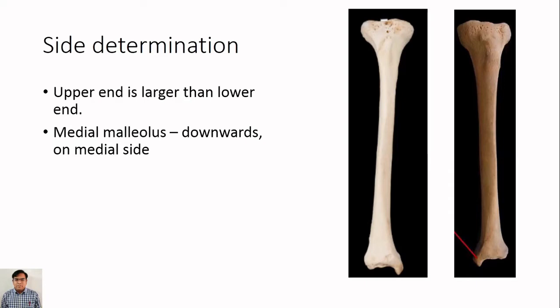This is known as medial malleolus, and it is directed downwards and medially. So it is very easy to identify the superior side, inferior side and the medial side because of this medial malleolus. So this is medial malleolus.